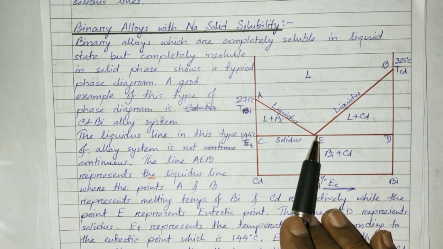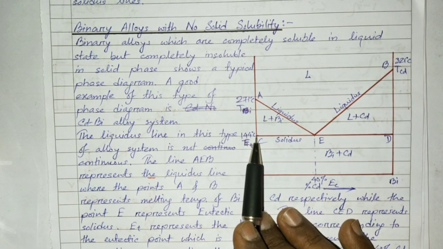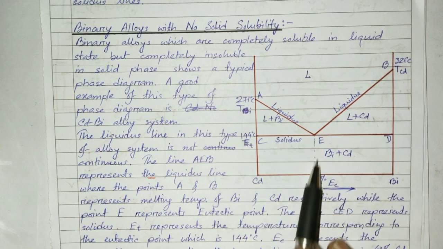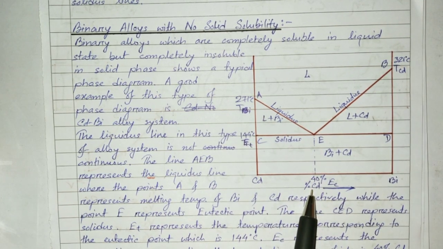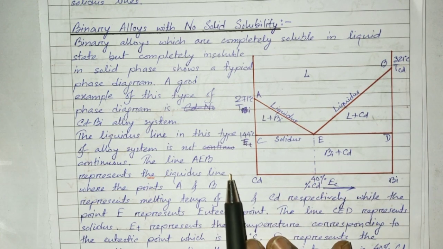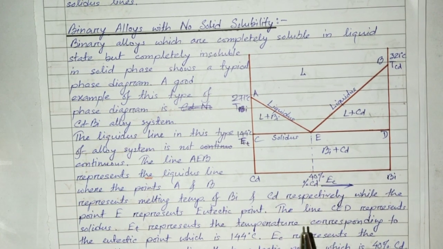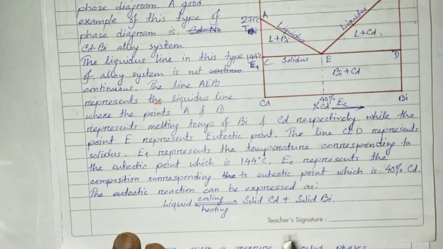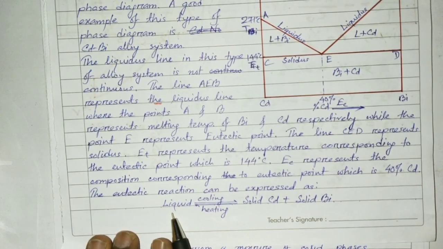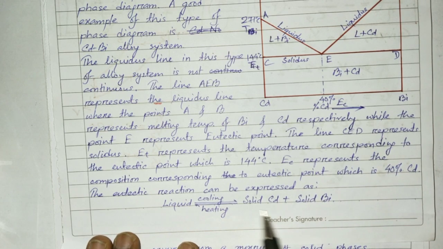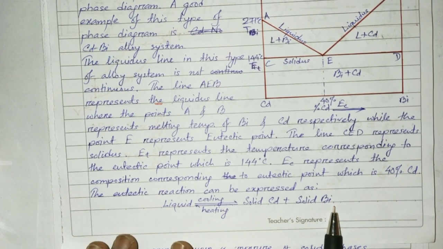Now the eutectic temperature is 144 degrees centigrade for this diagram, and the eutectic composition is 40% of cadmium in bismuth. And the eutectic reaction that takes place is liquid, which on cooling, or in the inverse direction on heating, gives solid cadmium plus solid bismuth.